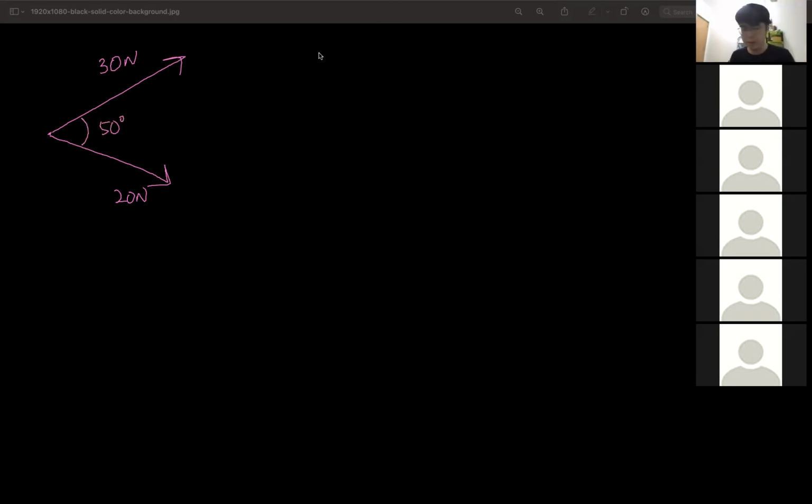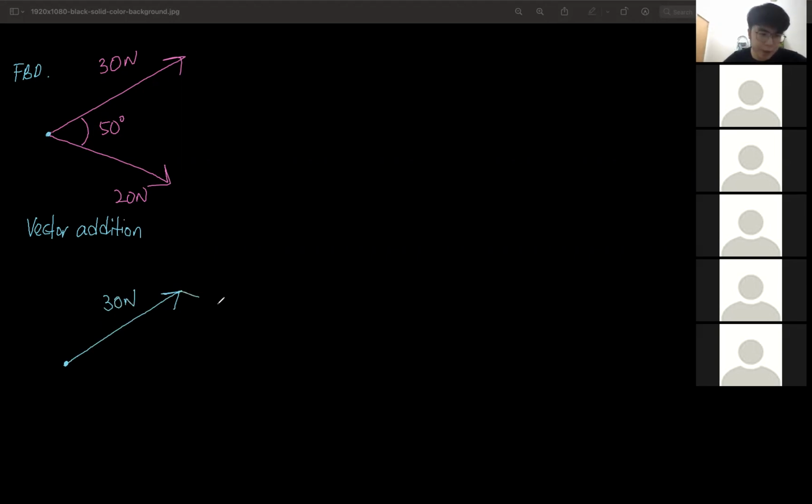OK, 看答案呢, free body diagram. 从你的 free body diagram 画你的 vector diagram. OK, 我们做 vector addition. So 我们画一个 triangle, start with 30. Join 去你的20, join 它的尾巴.